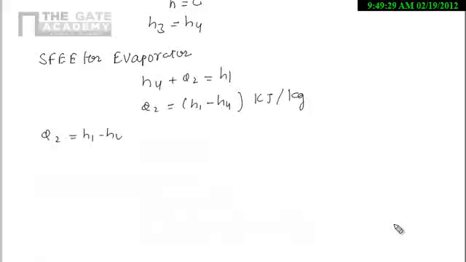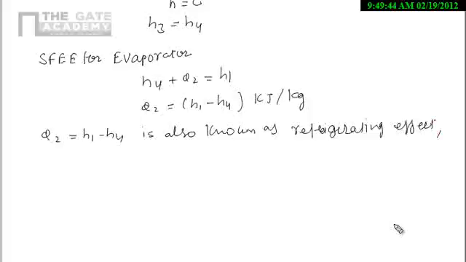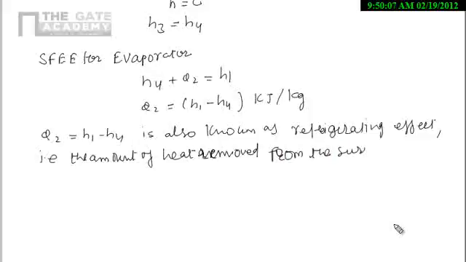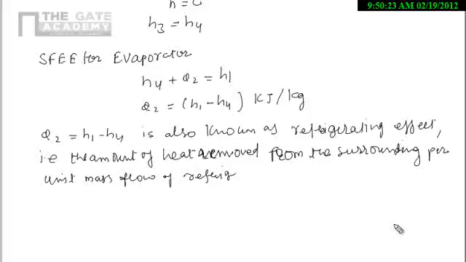Q2 equals H1 minus H4 is also known as refrigerating effect, that is nothing but the amount of heat removed from the surrounding per unit mass flow of refrigerant.